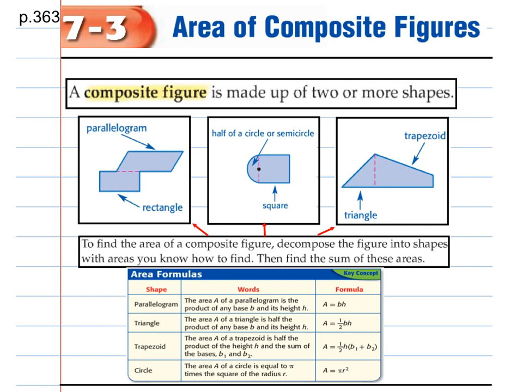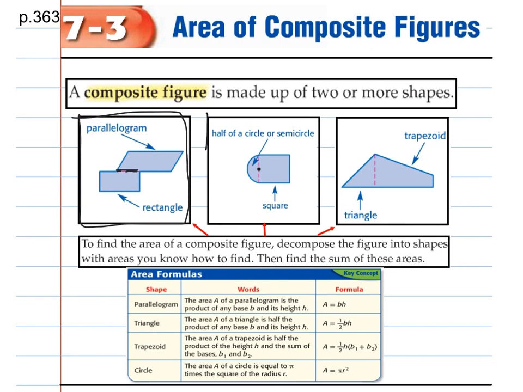Just looking at a couple examples of composite figures here. In this first box, if we were to dash this off, we have a rectangle, and then the shape on top forms a parallelogram. So this one figure is made up of a rectangle and a parallelogram.